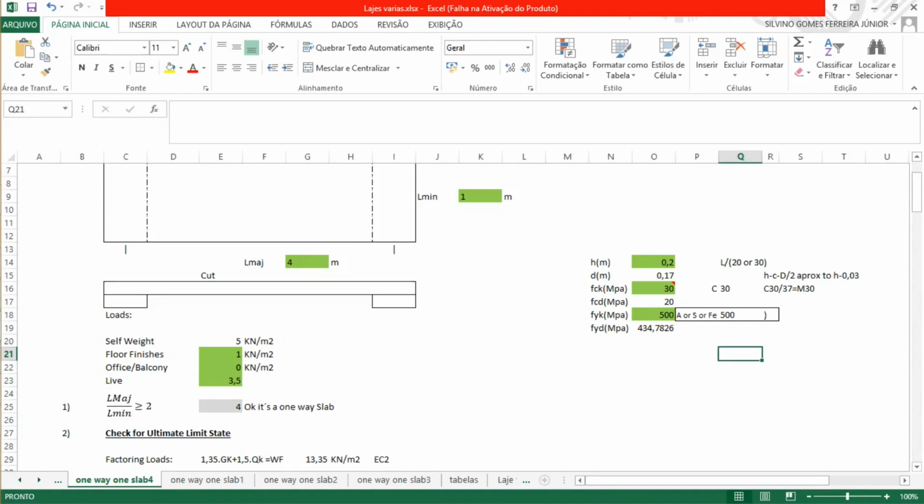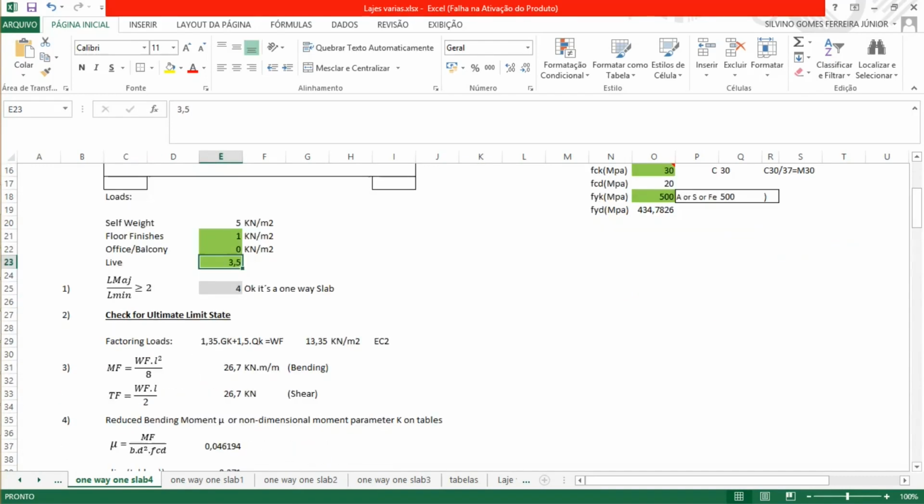So for self-weight, it will be the total depth 0.20 multiplied by the density of concrete, 25 that we're gonna use, which gives us 5 kilonewtons per square meter. For floor finish, we're gonna consider 1, could be another value, could be 1.5, 2 kilonewtons per square meter. We're gonna have a live load, so it's gonna be crossing here, and we're gonna consider 3.5 for the live load.